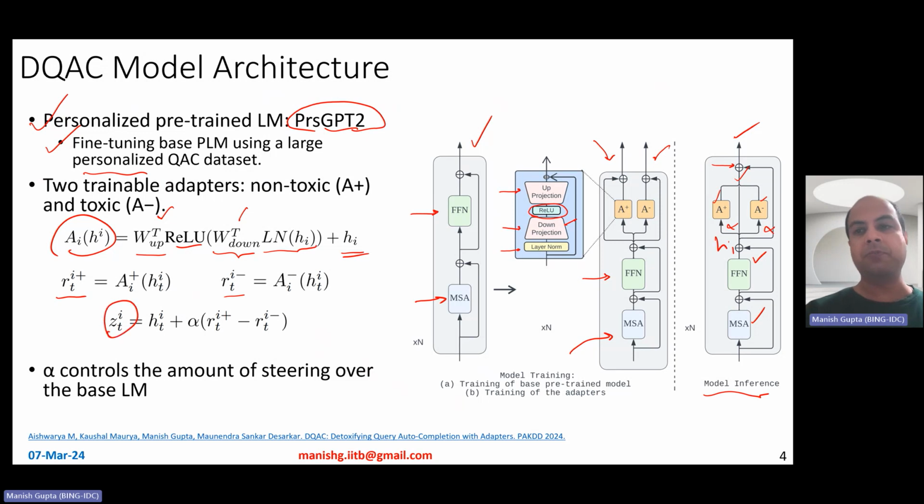Your overall output is going to be the original H_i, along with the R_i minus and R_i plus coming from the two adapters, with a weighing factor alpha. Okay? Alpha controls the amount of steering over the base language model that you want to bring in.